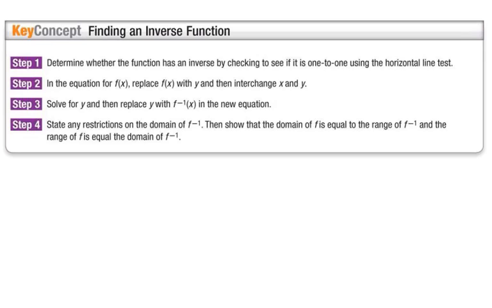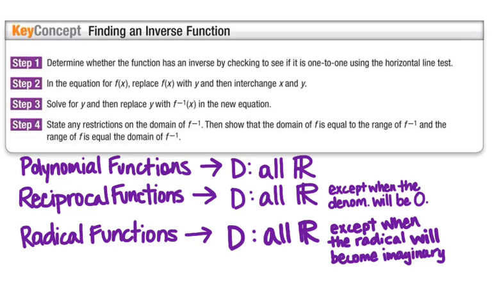Then you want to look at the equation for this inverse function and determine, are there any values for which it would be undefined? And usually there's 3 cases that we're looking at. First, a polynomial function could be like that example 1, x to the 5th power, etc. That's a polynomial function. Well, its domain is all real numbers.